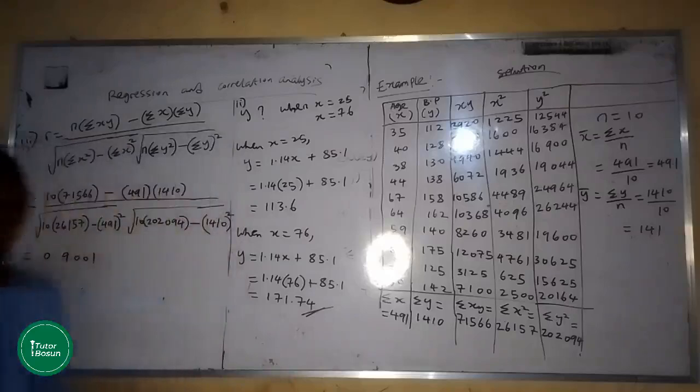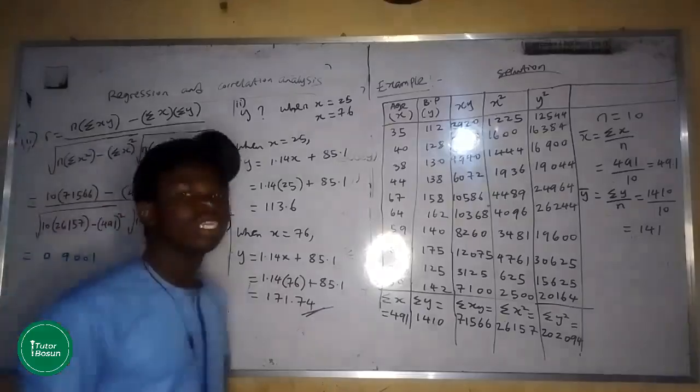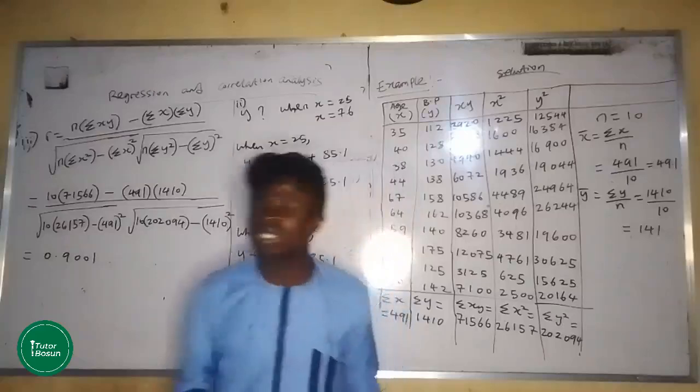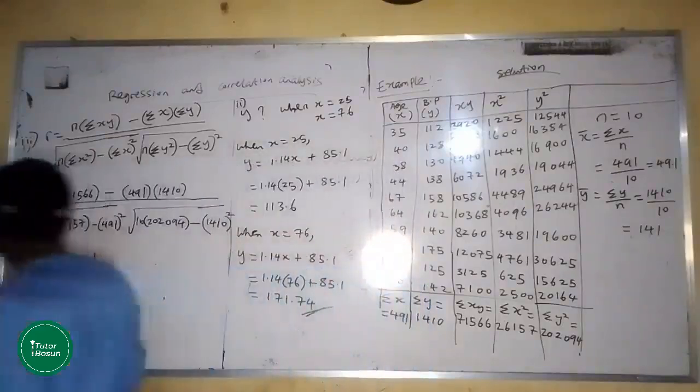And what is the interpretation of that? As you can see, this approaches plus 1. We said that when our correlation coefficient is approaching plus 1, that's a very strong positive relationship.